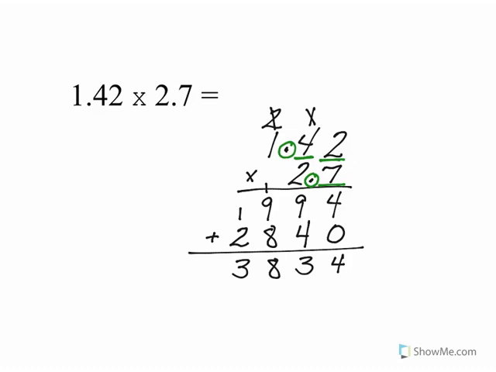So because I have 3 digits after the decimals in my problem, I have to have 3 digits after the decimal in my answer. So my answer is 3 and 834 thousandths.